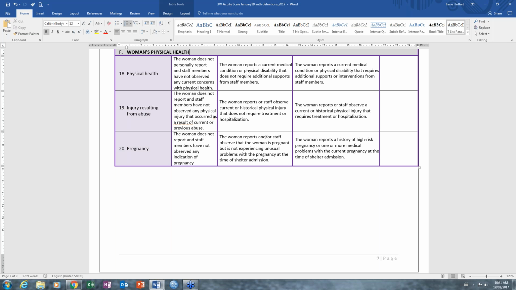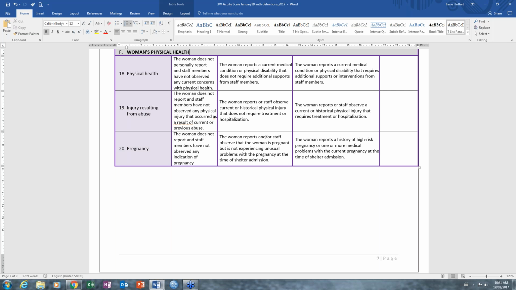Perfect. Allie, was the question that the injury occurred when the woman was pregnant, or the injury occurred to the child? If the child she was pregnant with during the abuse had physical injury because of the abuse. Okay, so it occurred when she was pregnant.